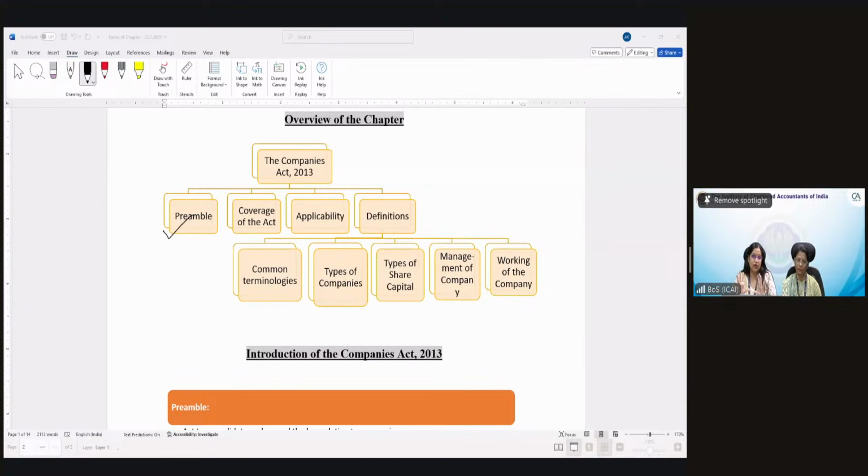Though it is not exactly a part of the act, many times when we have to understand the reason behind the enactment of the act, we can go back to the preamble and refer to it for interpretation. It tells about the intent of the lawmakers, with what intent the law was enacted, and the background behind the enactment. So that is the preamble.